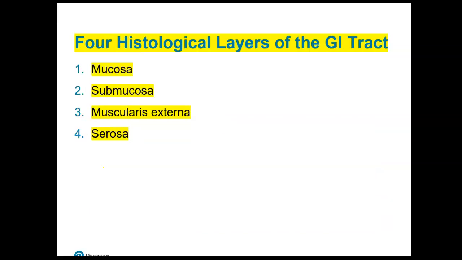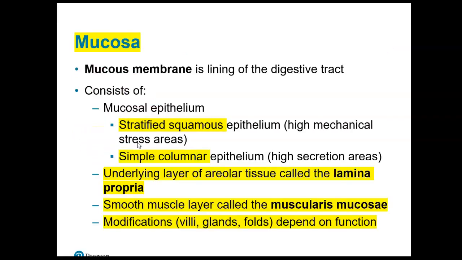And some areas, just to let you know, sometimes you'll see the word adventitia. Some areas of the GI tract are lined with adventitia that replaces the serosa, but it's still either one of those are the outer layer.